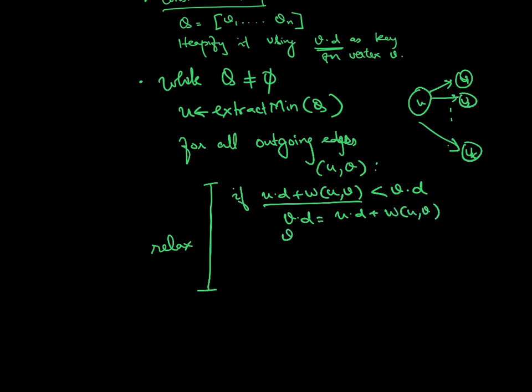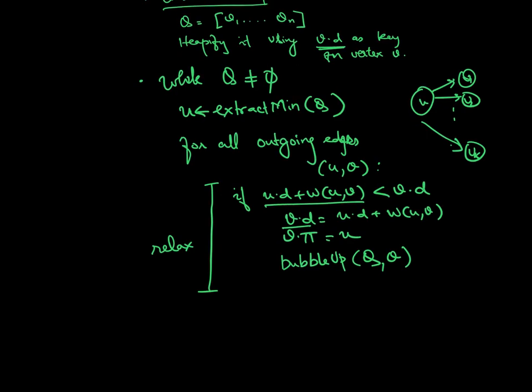Furthermore, v.pi must be equal to u. Furthermore, remember that v.d just decreased, so bubble up v in the queue, because its key decreased. And that's it. That is Dijkstra's algorithm in a nutshell.